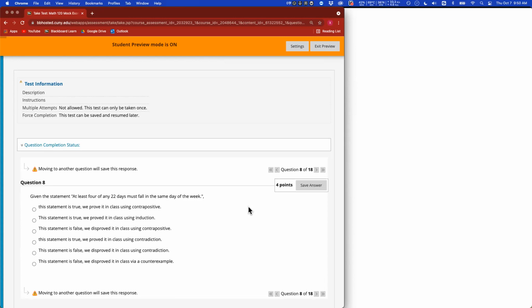We use induction to prove it. Okay, so for people who say we use induction to prove it, what's the base case here?